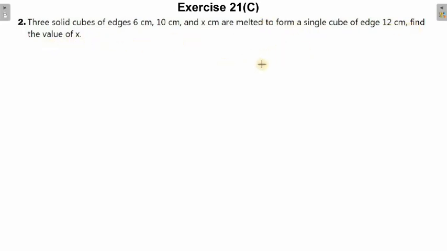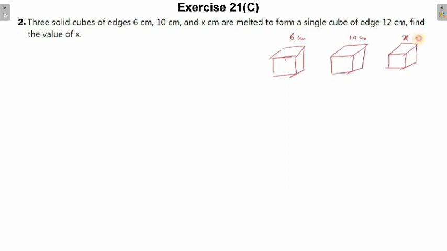Right, so let's understand the situation here. There are 3 solid cubes. Let's say this is one cube, this is another cube, and there's one more cube, the third cube. It is given that the edges are 6 cm, 10 cm and x centimeter.